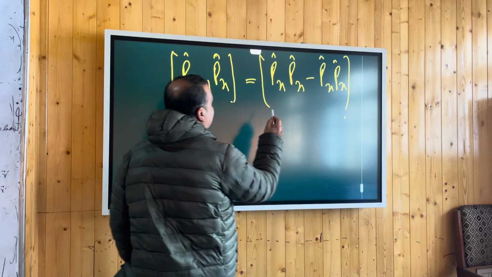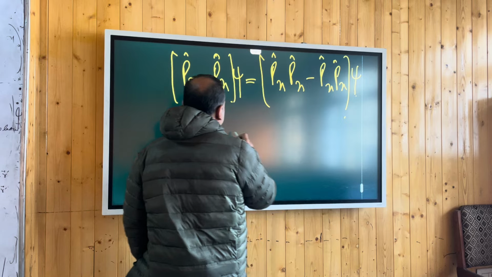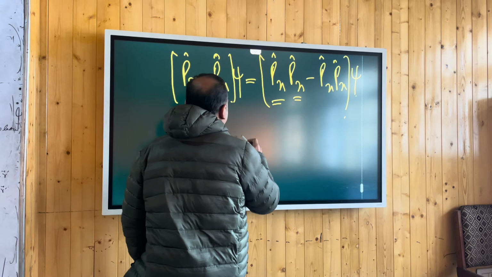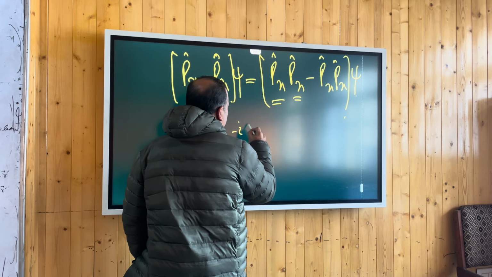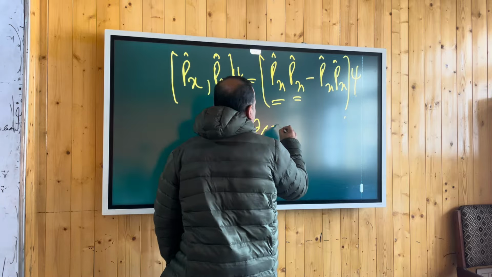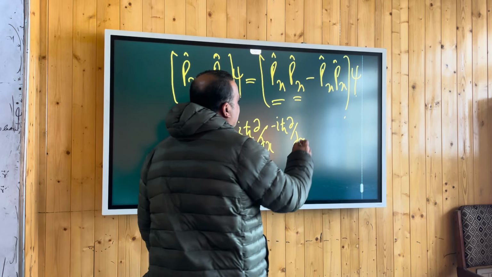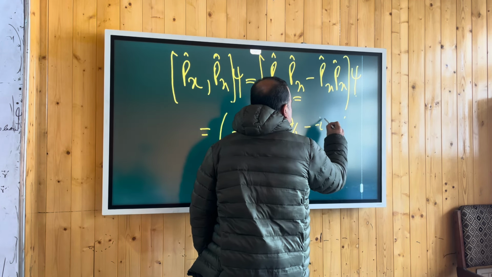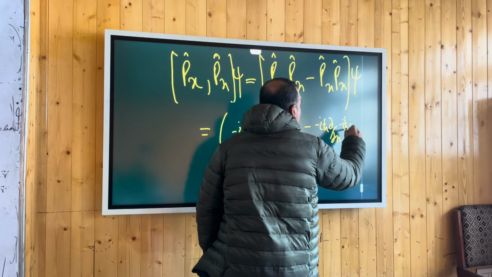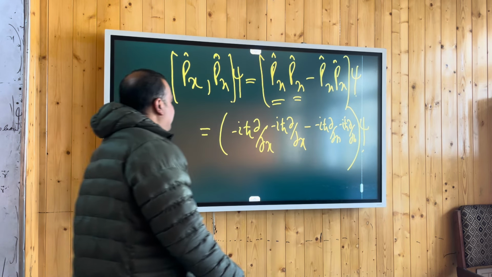So you'll be using an eigenfunction, say psi, acting on both sides. I'll be using the operators for momentum. What you will have is minus i h bar dou by dou x, and again minus i h bar dou by dou x, and the same on the other side, then multiply by psi.